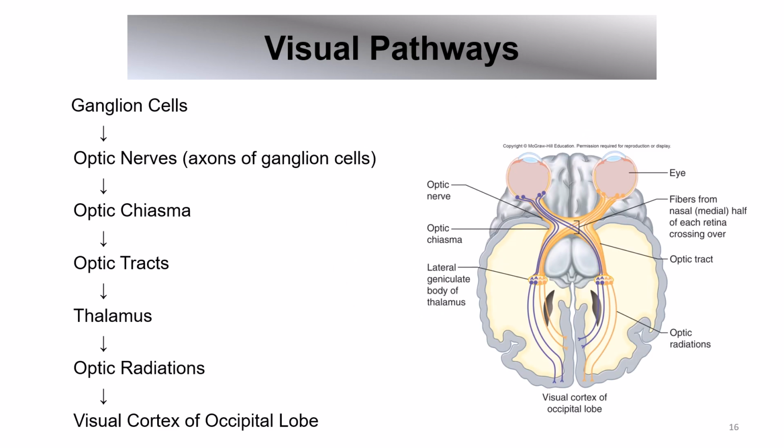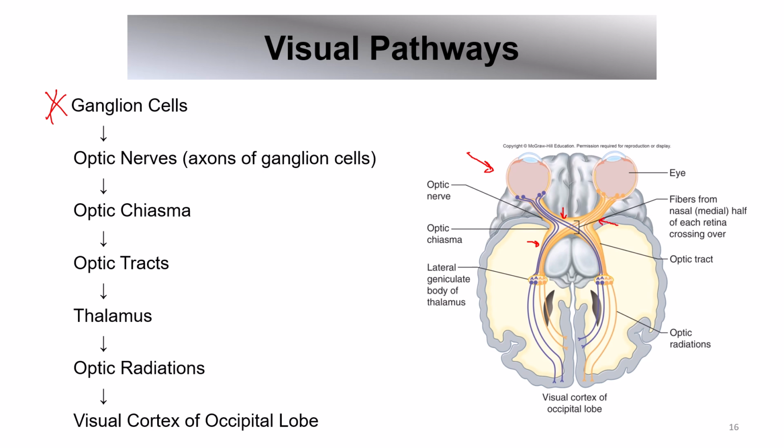Okay, so now the ganglion cells. The axons of the ganglion cells lead to the optic nerves. The optic nerves go over to the optic chiasma where they cross over. Half of the axons from one eye, as we see in the picture on the right side, stay on the same side, but the other half cross over. This happens with the other eye as well.